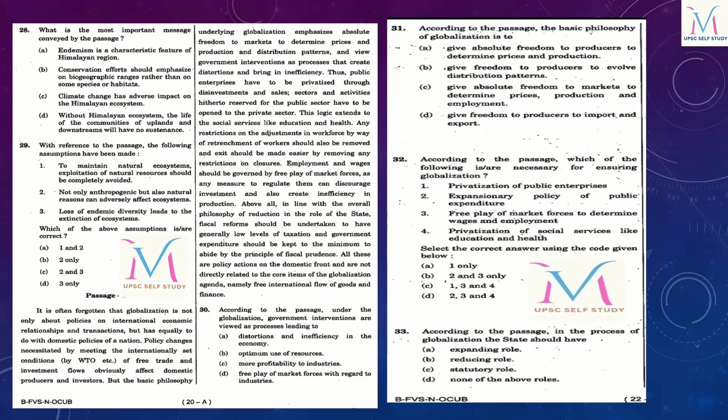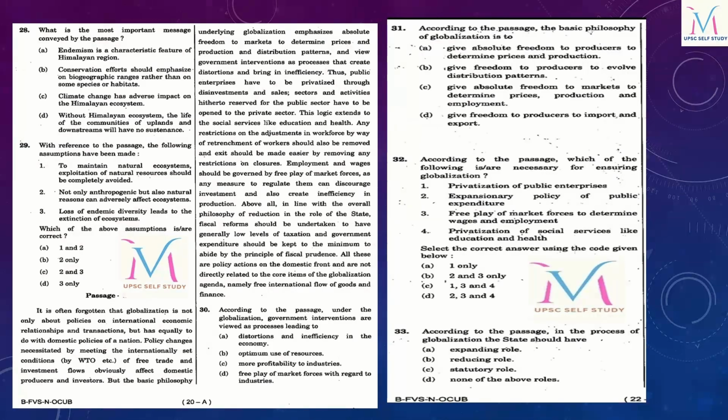And question number 33, according to the passage, in the process of globalization, the state should have an expanding role, reducing role, statutory role, or none of the above roles.